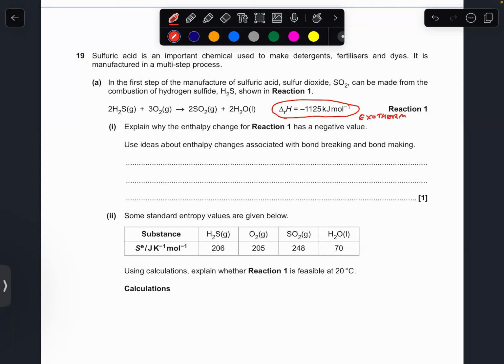Whether a reaction is exothermic or endothermic really depends on the magnitude, or the size, of the bonds made and the bonds broken.